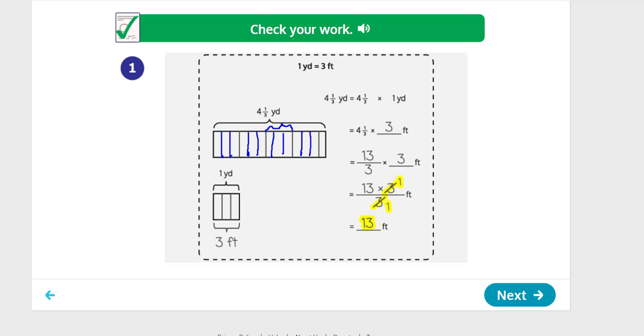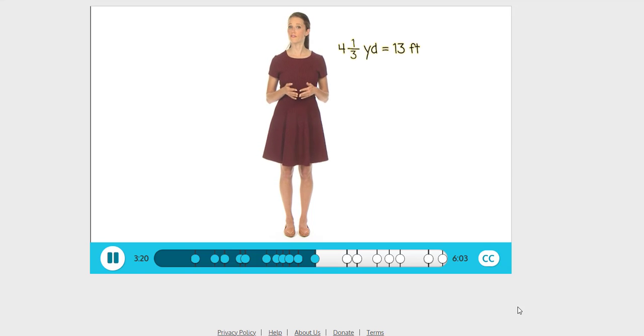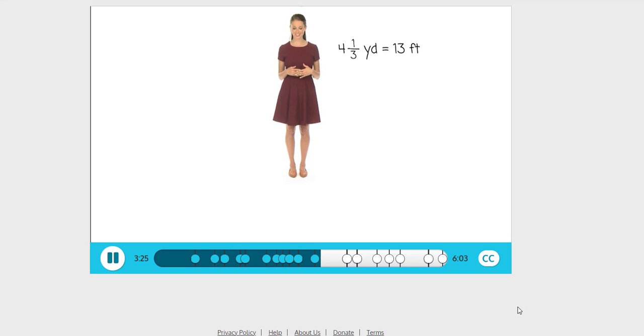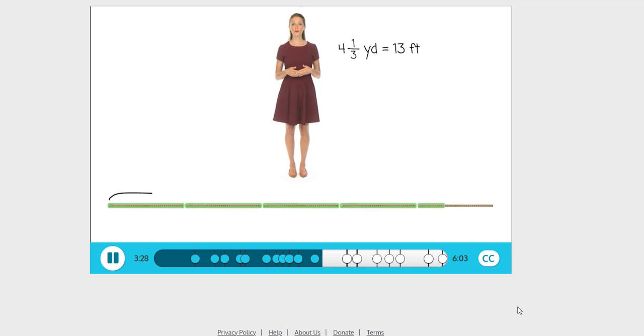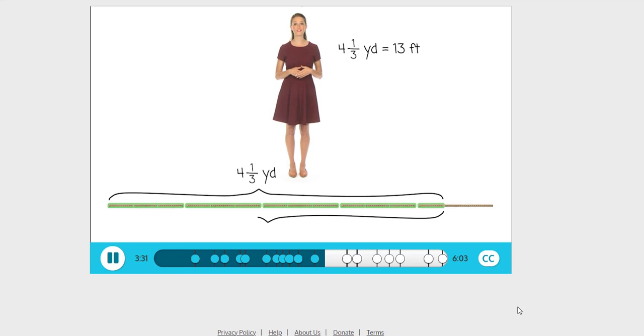And now let's count the number of feet we have. 1, 2, 3, 4, 5, 6, 7, 8, 9, 10, 11, 12, 13. So using this tape diagram, we showed that that equals 13 feet, and we got it right. We just converted 4 1/3 yards to 13 feet. We can see it using yardsticks like this. 4 1/3 yards is the same as 13 feet.